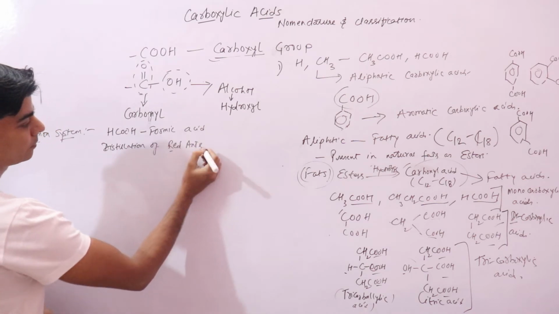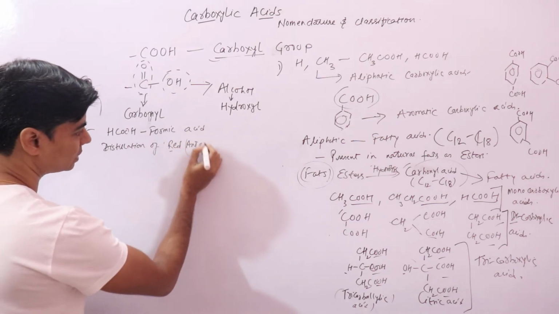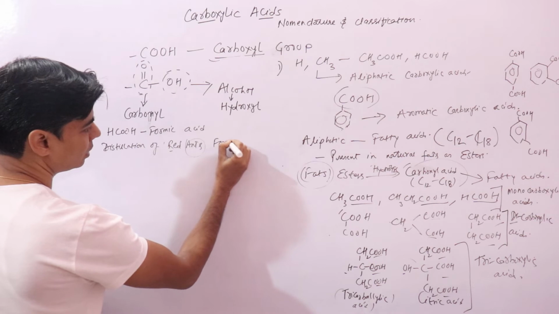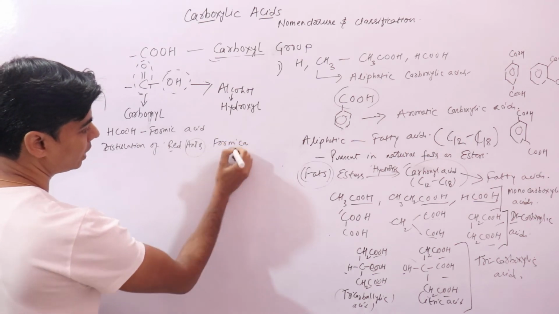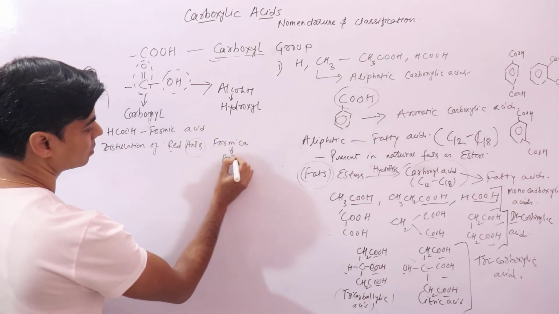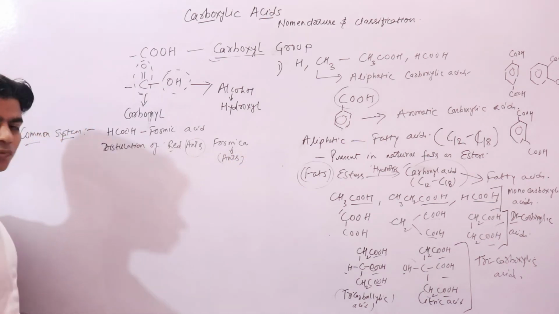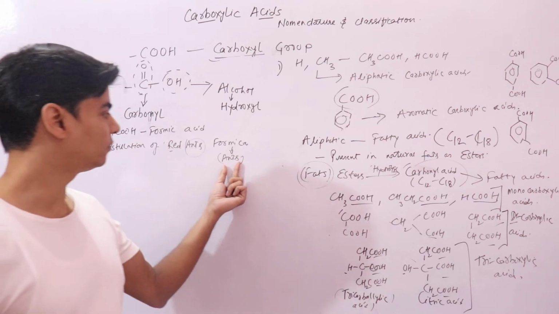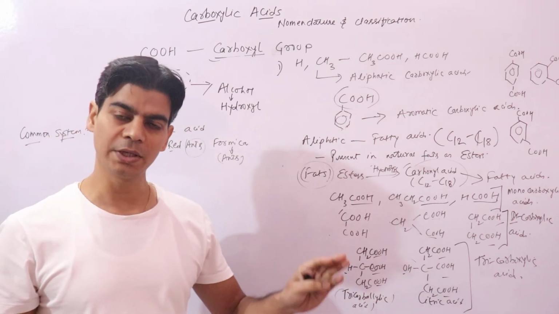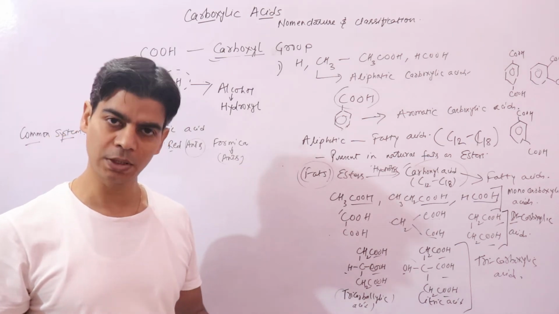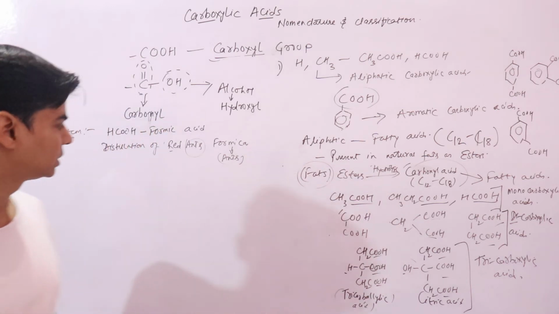In the Latin word, formica means ants. That is why we call this formic acid, because it is obtained from formica. Formica is ants, right?